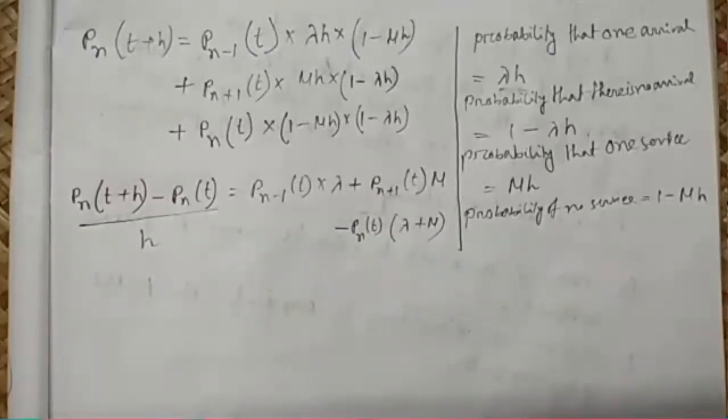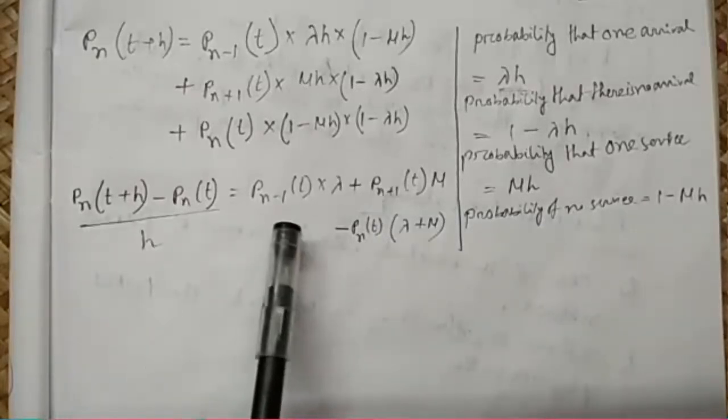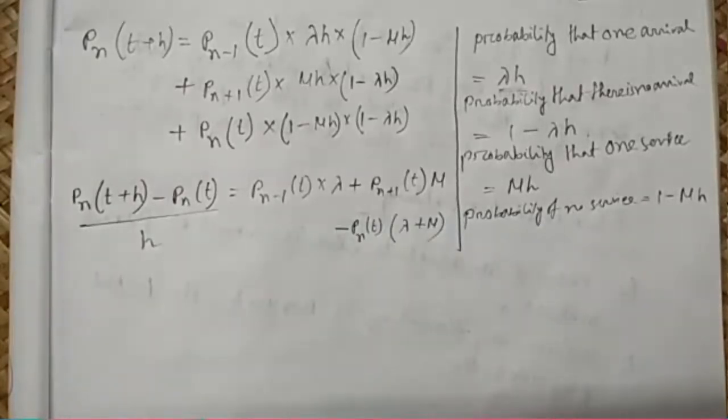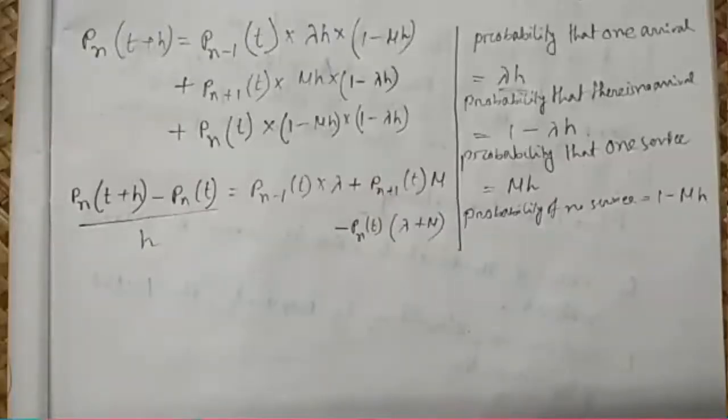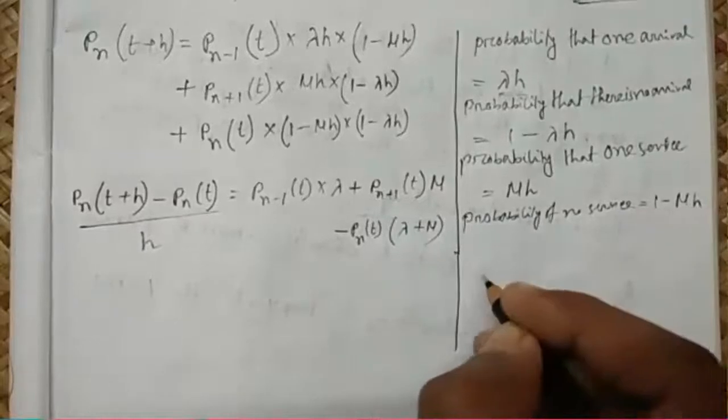That means the probability that there are n persons in the system will be independent of time. So all these probabilities here with times will just become constant. Let me show you here.